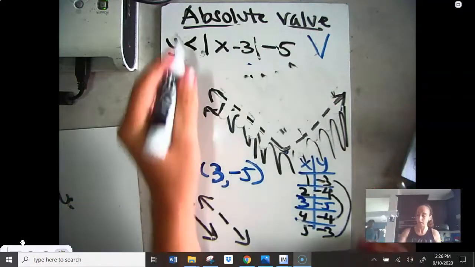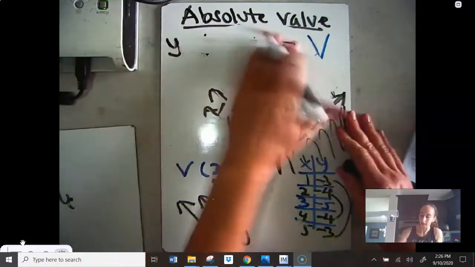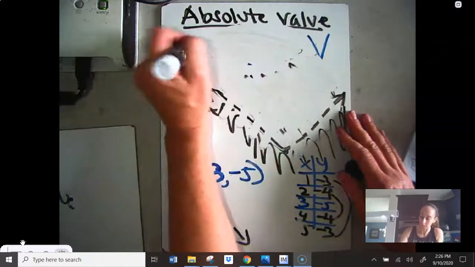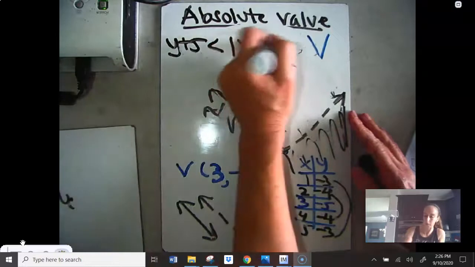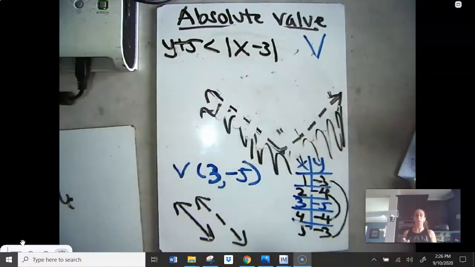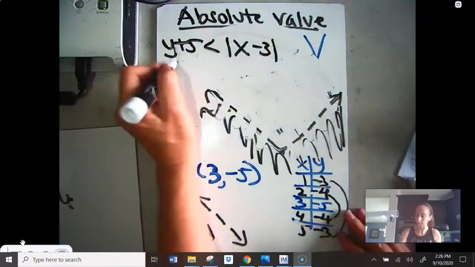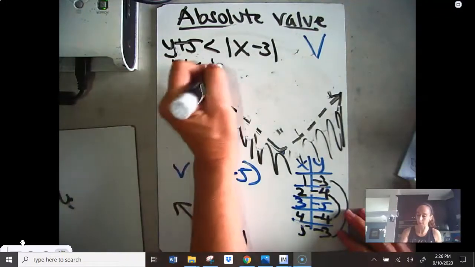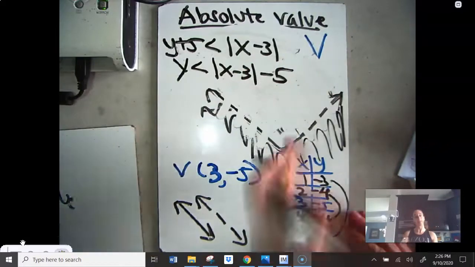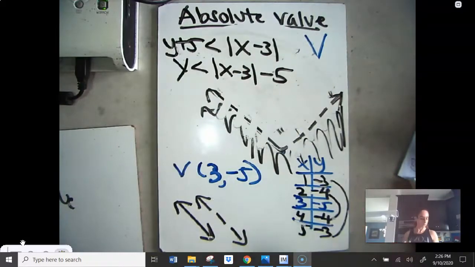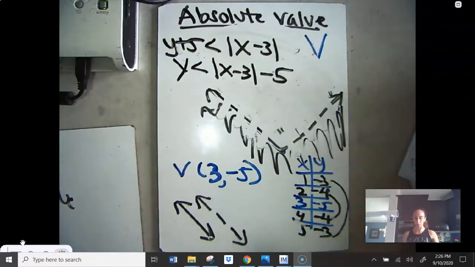What if it said y plus 5 is less than the absolute value of x minus 3? Well, I would move the 5 over, and it would be y is less than the absolute value of x minus 3, minus 5. And then that's what that is. Hopefully that acknowledges things about absolute value.